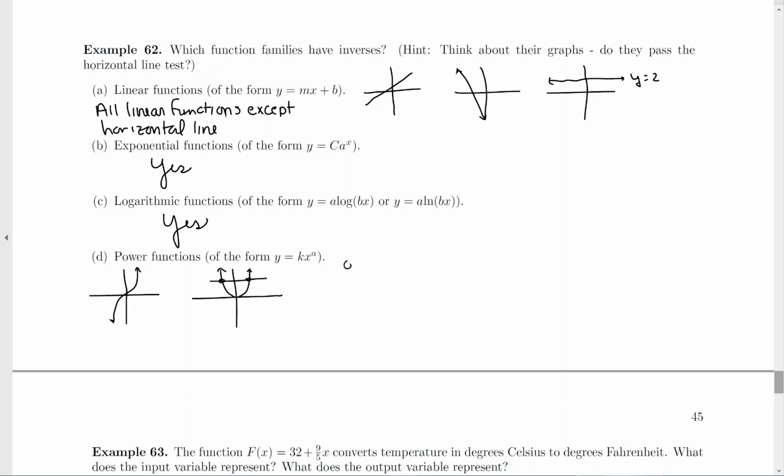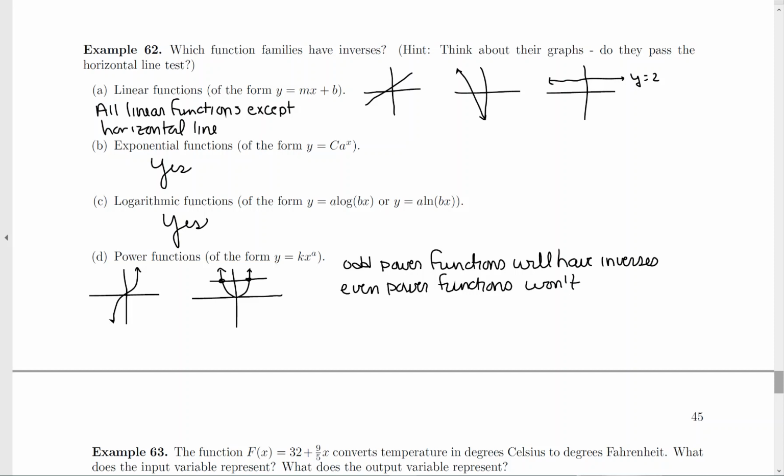So odd power functions will have inverses. But even-powered functions won't. They won't have an inverse.